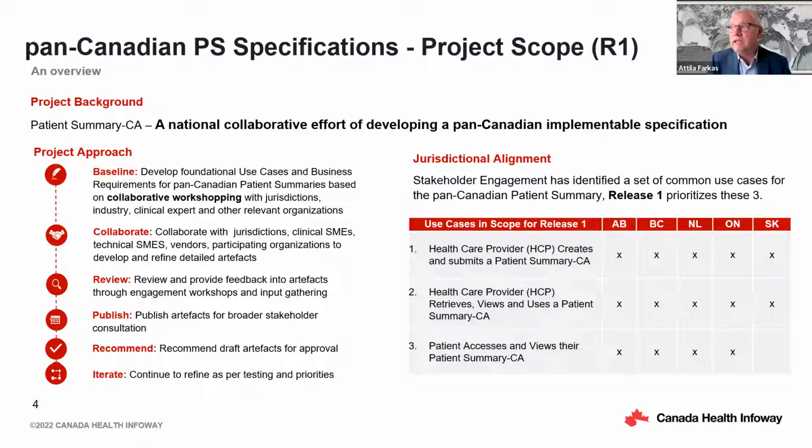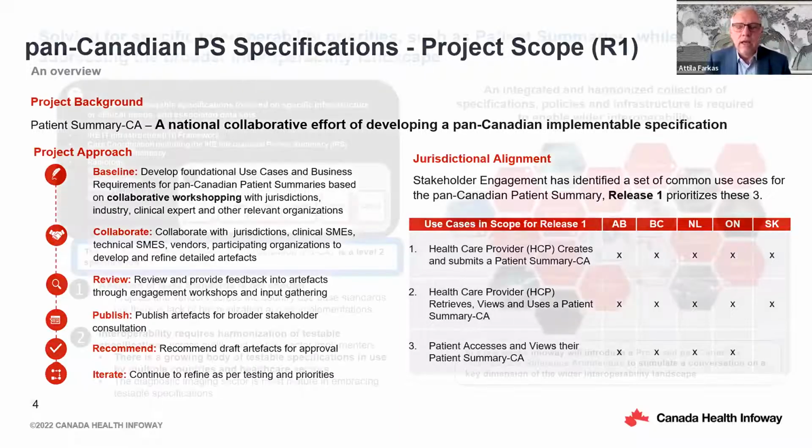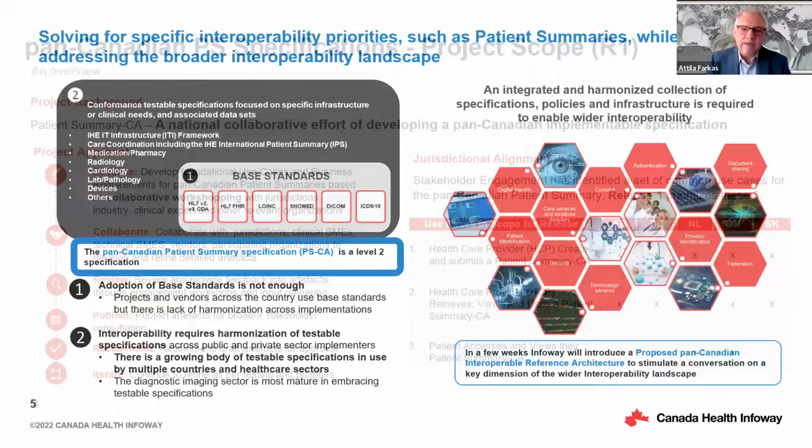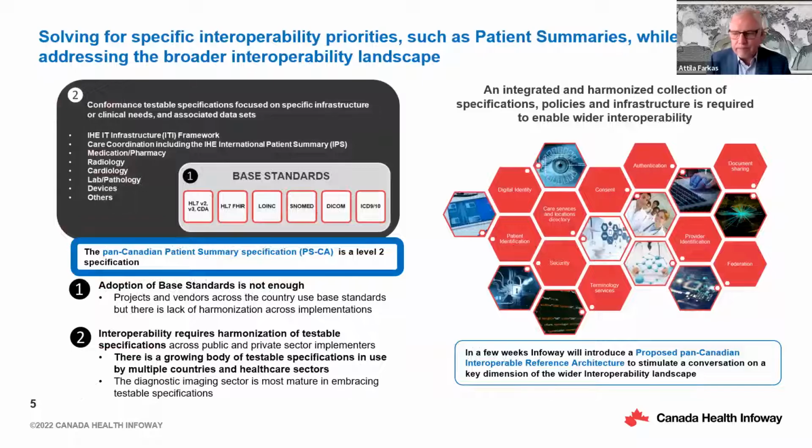We're expecting the coordinating and executive tables to finally reach that state where they are approving and then recommending the specification for broad use. What I want to emphasize about the specification is one of the lessons learned from previous work where Infoway was active in the standards arena in the past. Some of you probably were part of that and you remember this very well.